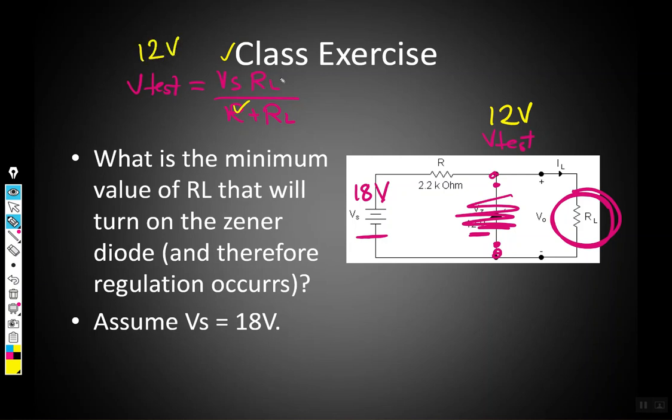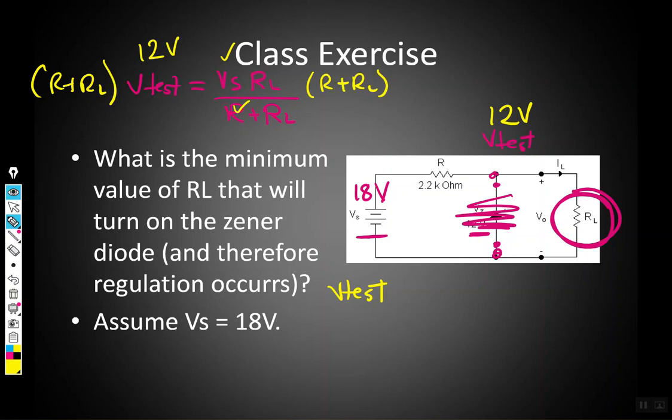So the minimum V test that will turn on the Zener diode is going to be 12 volts. So that's going to give us our minimum RL if we rearrange this equation and solve for RL. I'm going to do all the rearranging before I put any numbers in. Okay, that's the easiest way to do it. So I'm going to multiply both sides of this by R plus RL.